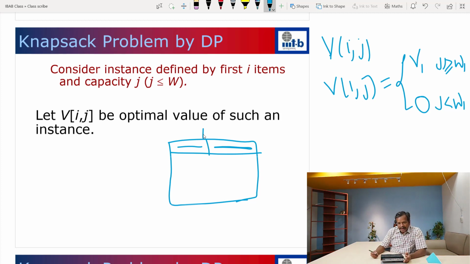Now, the idea is simple. If I am given the ith item, as seen in the coin exchange problem, we have two options: either pick the ith item, or if I decide not to pick the ith item, then I have to fill the knapsack with the remaining i minus 1 items. If I decide to pick the ith item, I straight away make a profit of V of i.